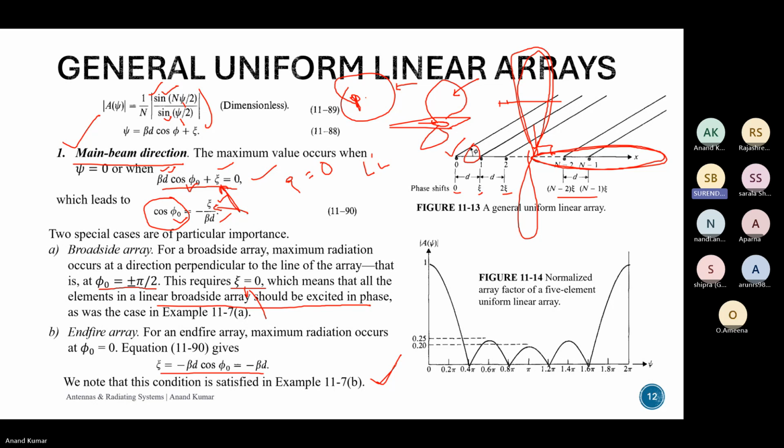By changing the phi value only, the beam is tilted from the broadside to the end fire. Actually, it's the other way. We are deciding which is the broadside direction. The broadside direction is phi naught equals pi by 2.